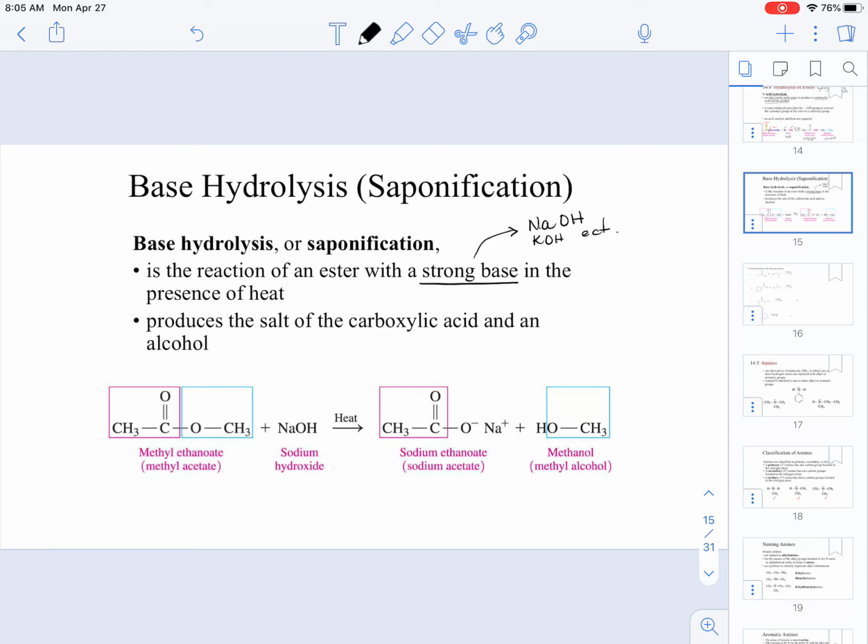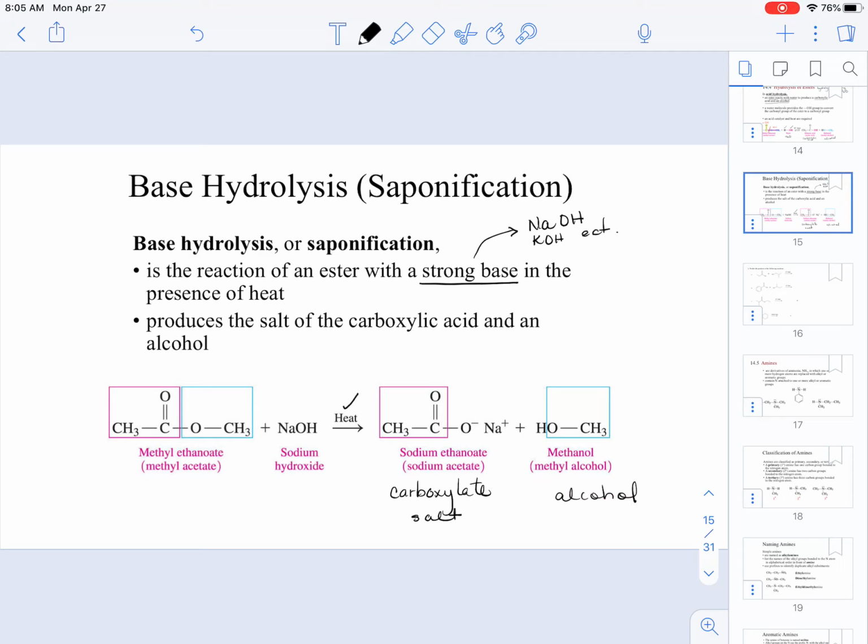During this process, we need to heat the reaction. The products of base hydrolysis of an ester are a carboxylate salt, or a carboxylic acid salt, and an alcohol.